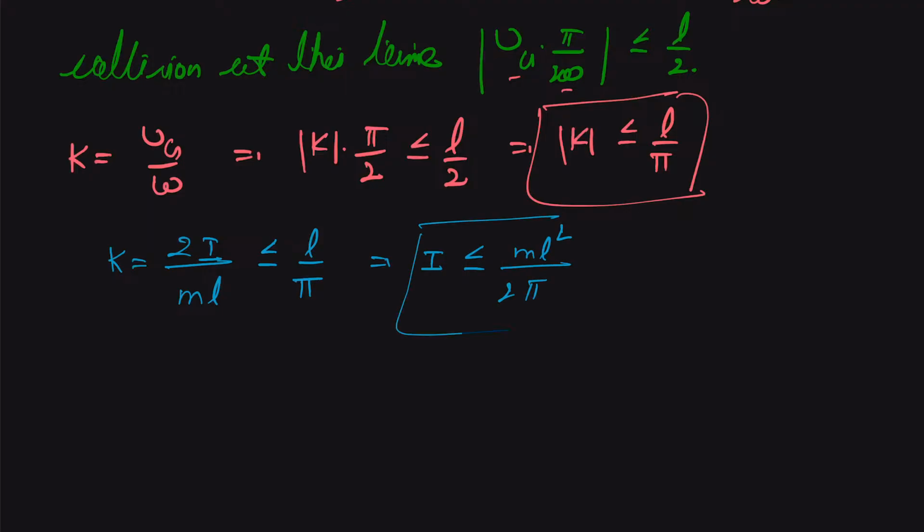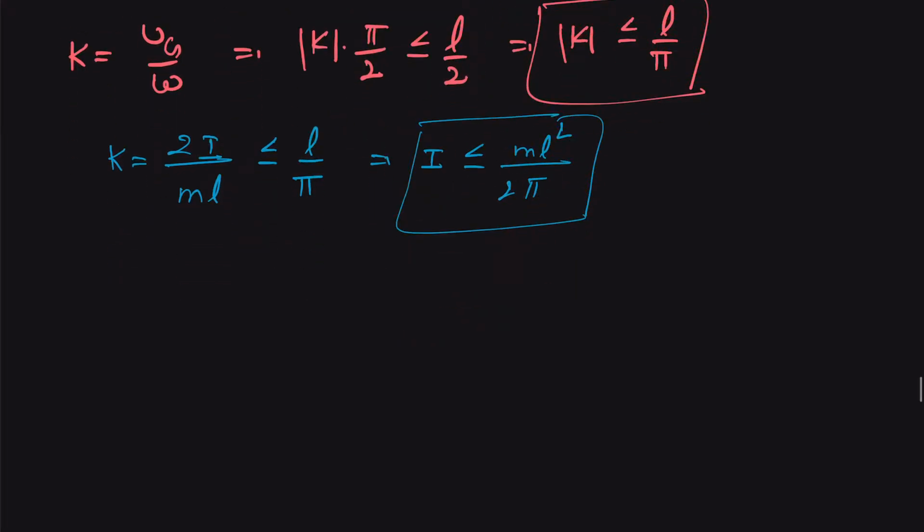So this is our value of moment of inertia, so that the rod or stick does not strike the pole again after the impulse. And we have to find out the minimum value. Therefore, we can say that our moment of inertia of minimum about its center of mass will be equal to ml square divided by 2 pi.